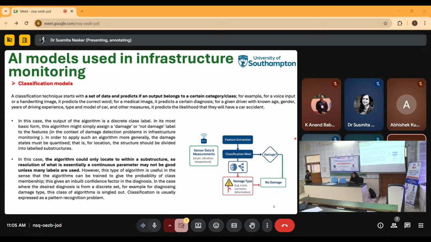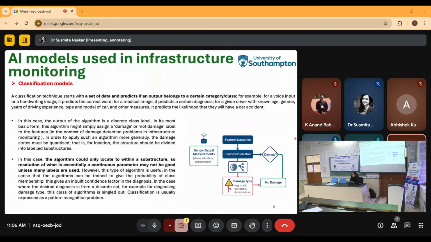The model outputs are discrete class labels, and in our context, it might simply label a section of infrastructure as damaged or as healthy, non-damaged. However, the approach we try to use is to work on a larger scale. We need to quantize the damage states, which means dividing the entire structure into smaller substructures.